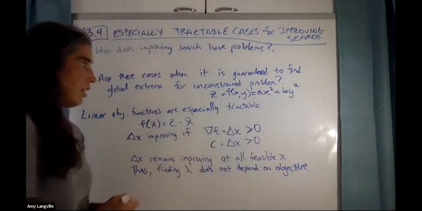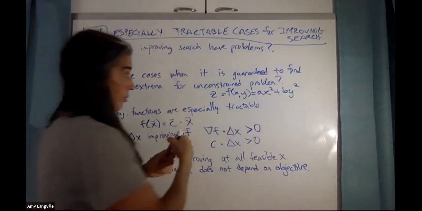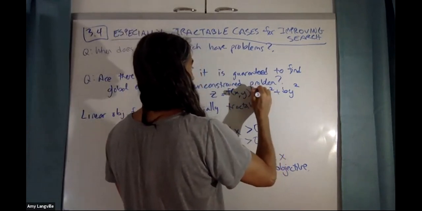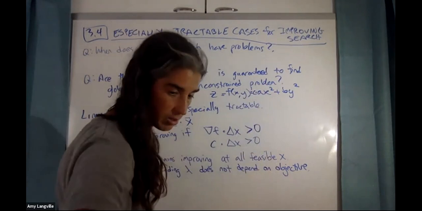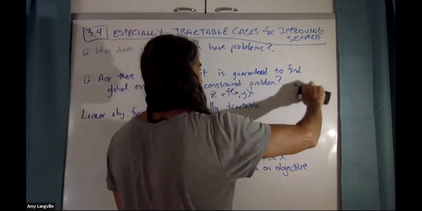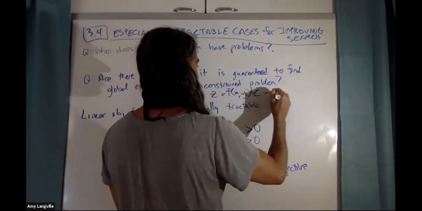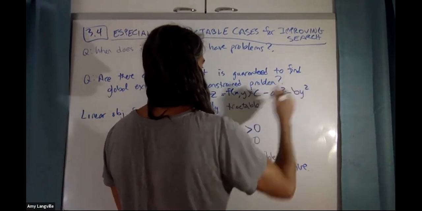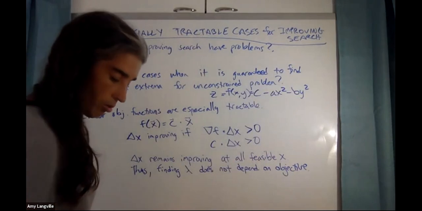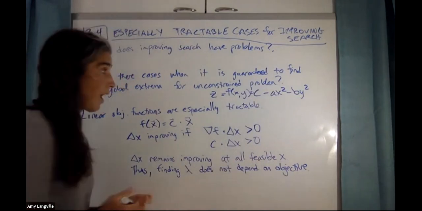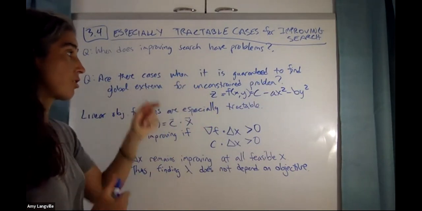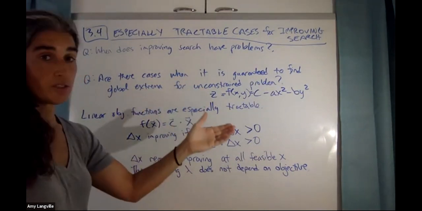Let's add a constant and put it down: c minus, which makes more space so you can see better. A downward facing paraboloid, elliptic if a and b are not matching, circular if they're matching. This one has only one local extrema, and it is a global extrema. So it works well on this unconstrained problem.